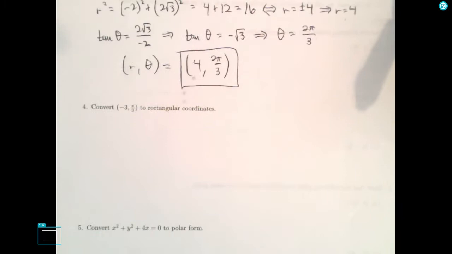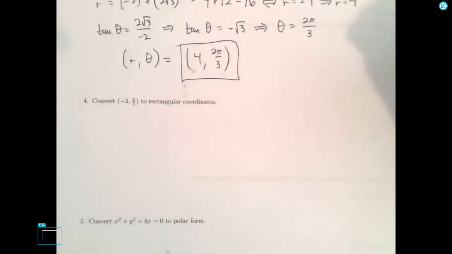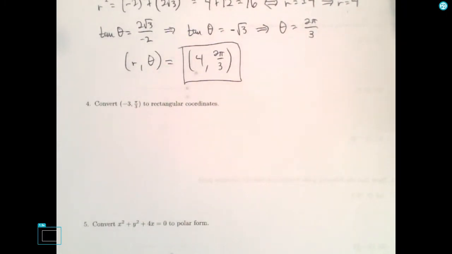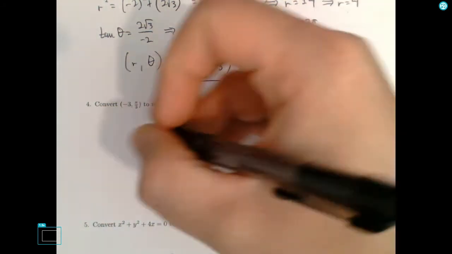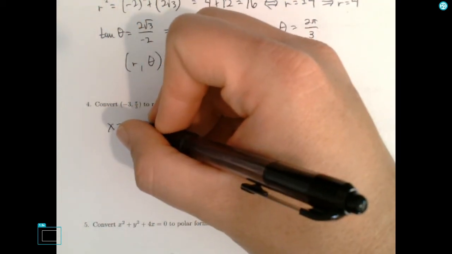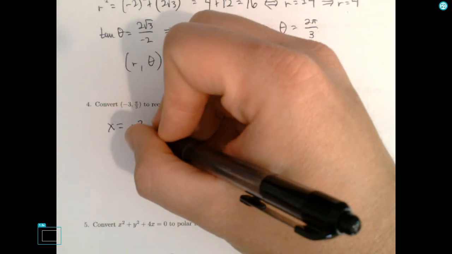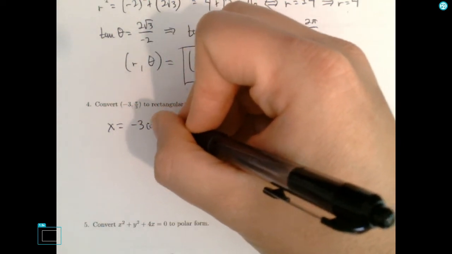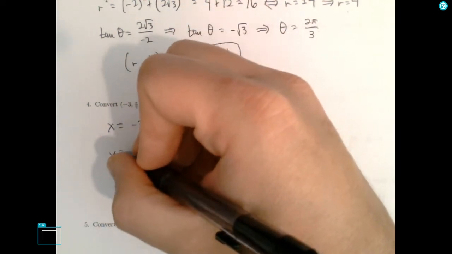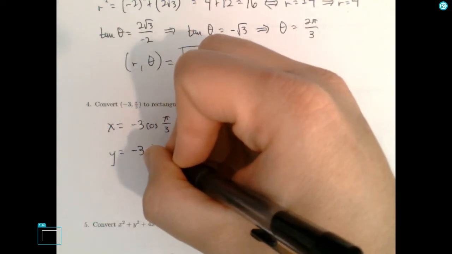We can go backwards, convert polar to rectangular. That's a little easier. There's no ambiguity, right? We just say x is going to be r cosine theta. y is going to be r sine theta.